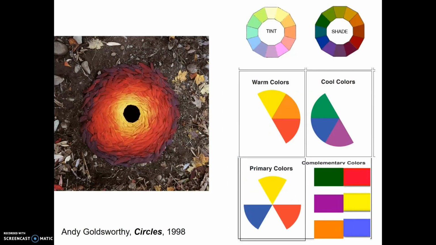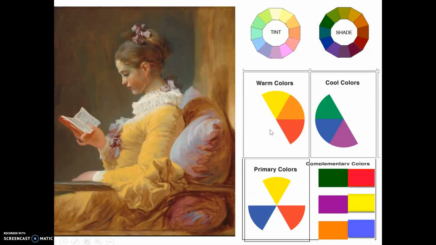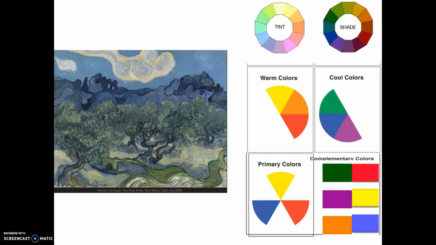Now, there are many different types of paintings that use some of these elements. The Andy Goldsworthy circles that we looked at, well, not only are those kind of shaded colors, but it's also using warm colors. When we look at this painting, this is also a very warm color scheme.